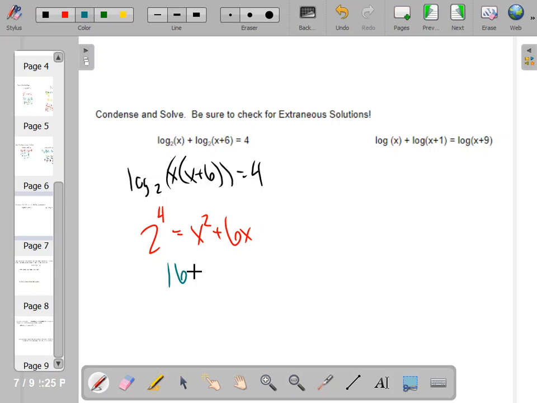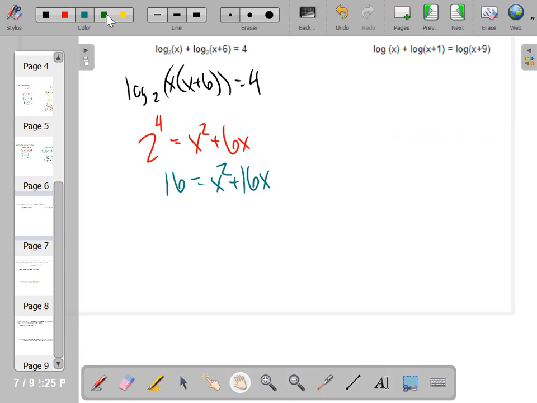2 to the 4th is 16. So in this problem, we're going to have to collect everything on one side, set it equal to 0. But when you subtract that 16, you get minus 16. So x squared plus 6x, and you move the 16 over. Now this is factorable.